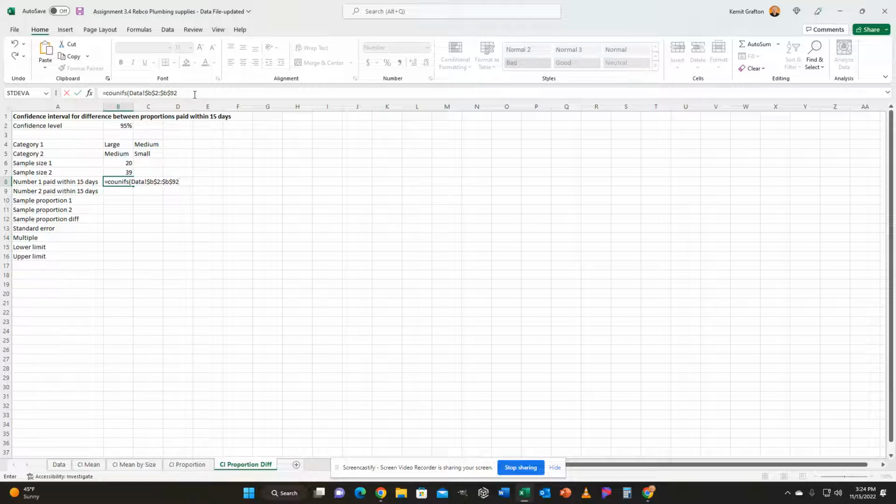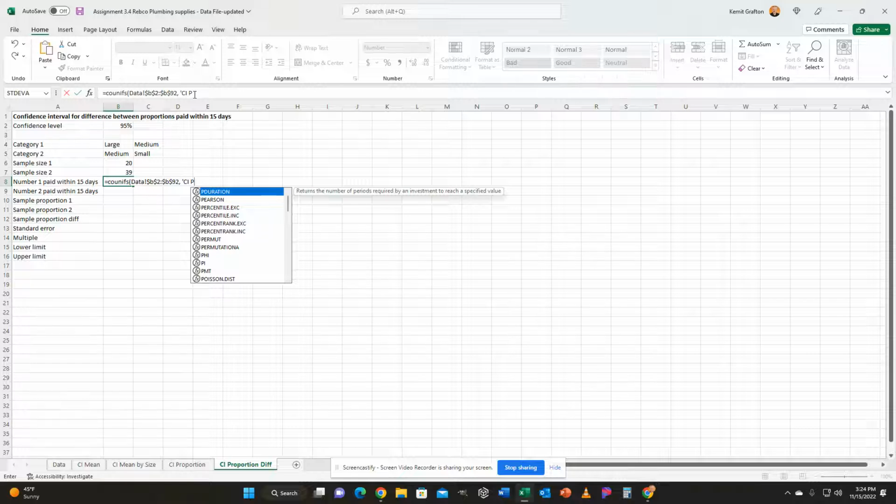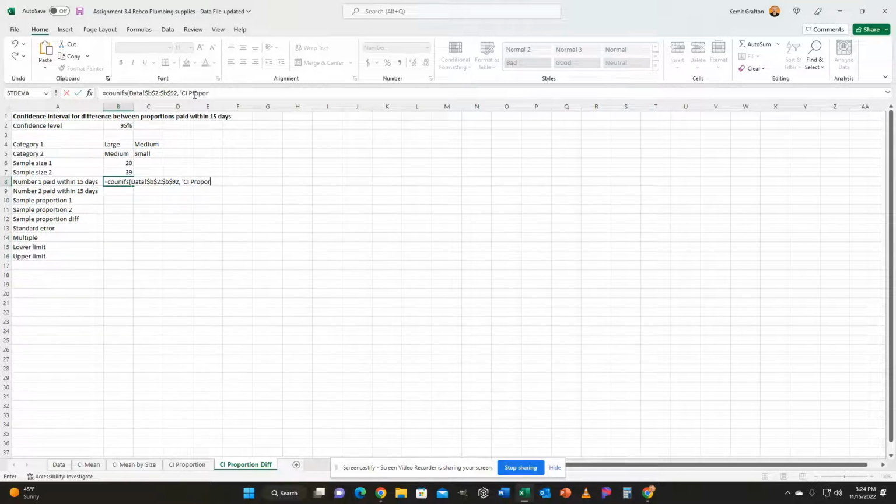So that's our range. We're looking at the CI portion, single quote, exclamation before. Now we're going to go in and look for the less than or equal to 15 days. So again, going back to our data tab.